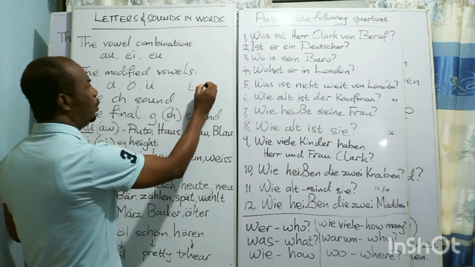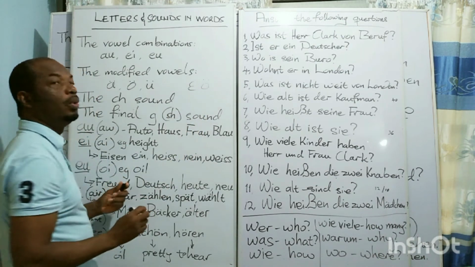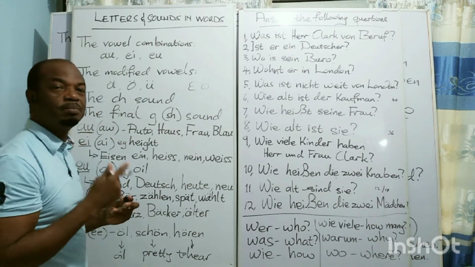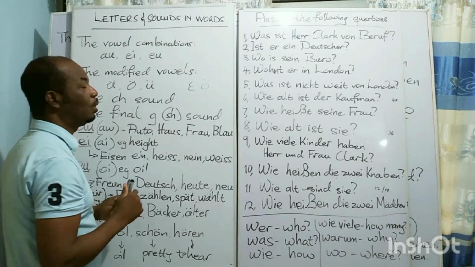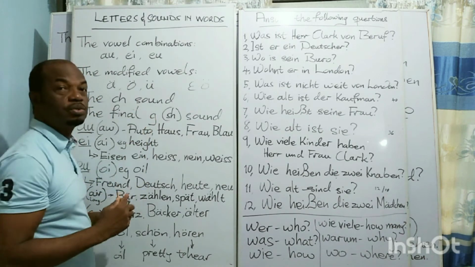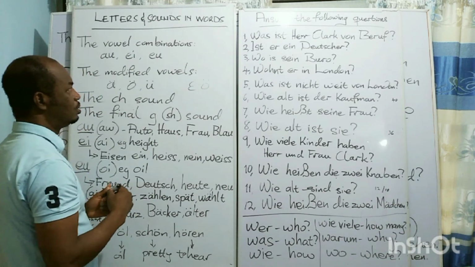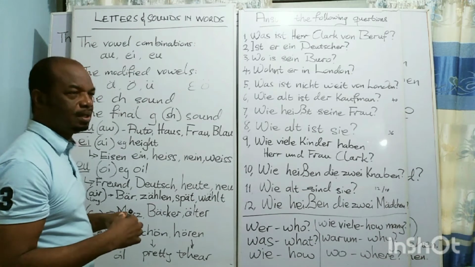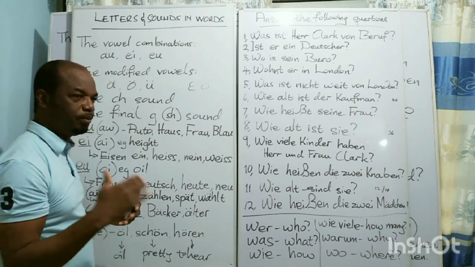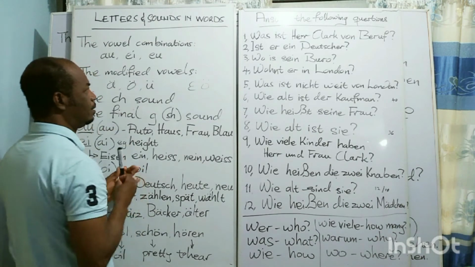And then this is O. They just put a round space in your mouth like you are whistling. Then the U is also U. So we have U also spoken here in Akan language. So we have the U also in our language here.